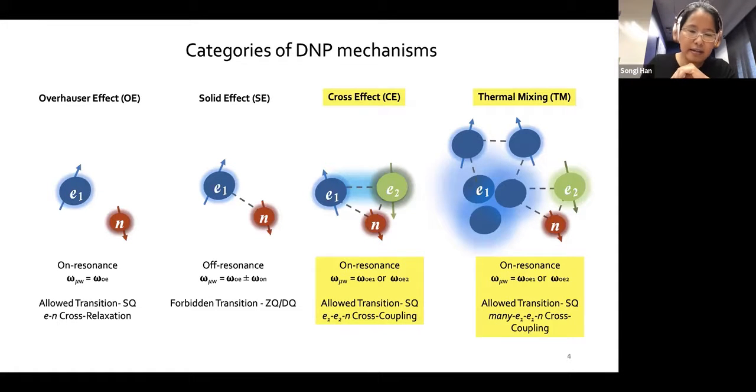The Overhauser effect requires hyperfine fluctuation of the order of the EPR frequency. It's mostly used in solution state, and in solid state, one would need to have the source of the fluctuation in the sub-terahertz regime, and the source of that experimentally is actually not clear yet. So this is maybe a discussion for another time.